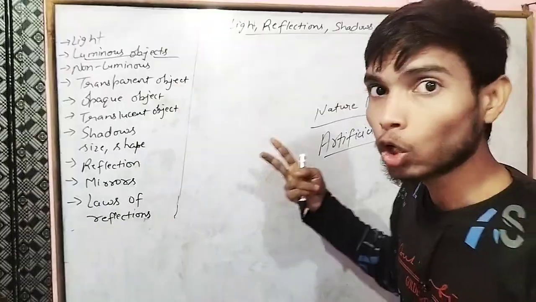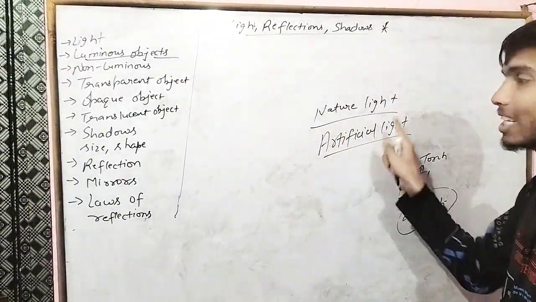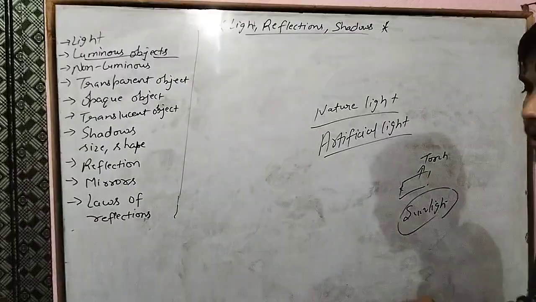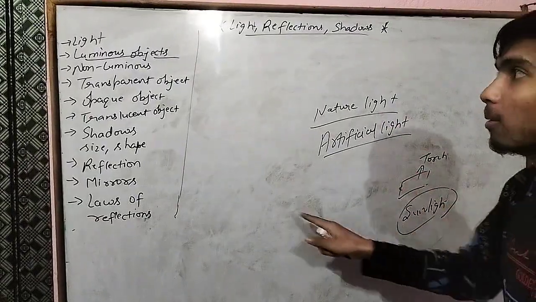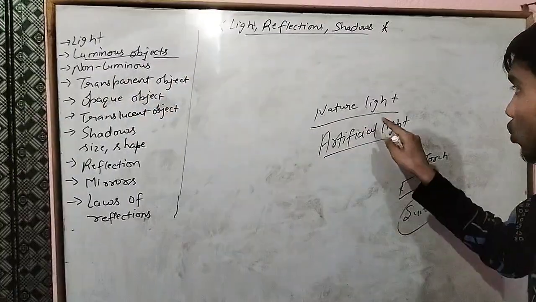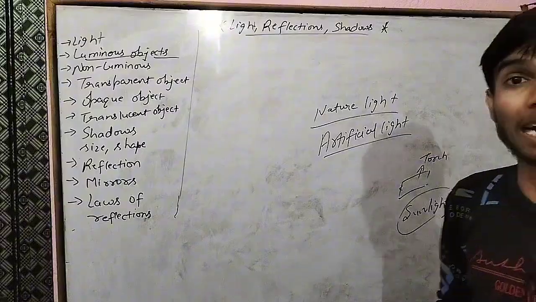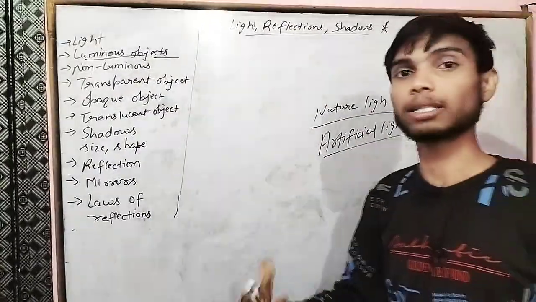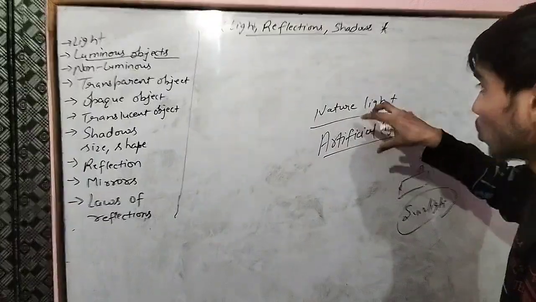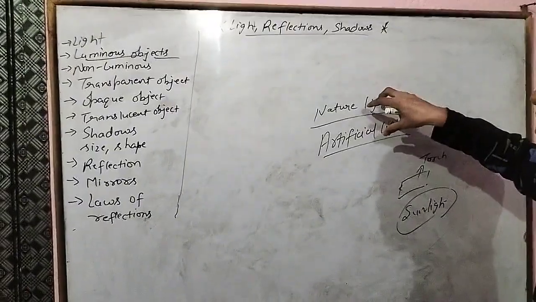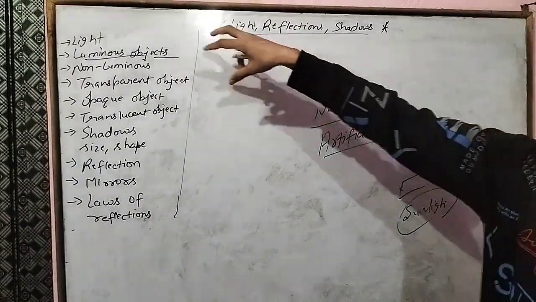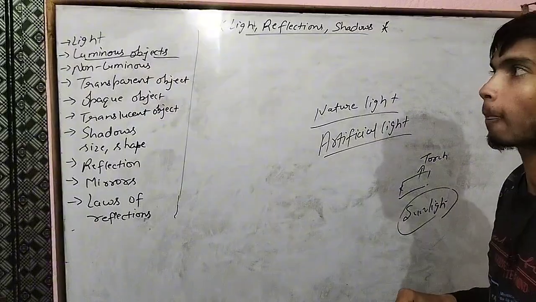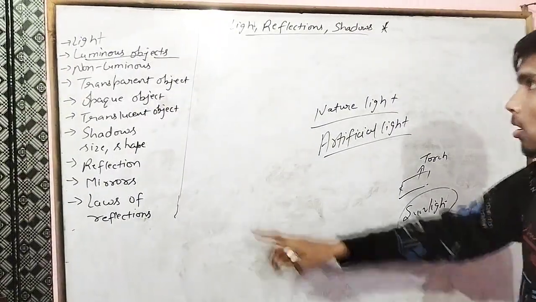That's why there are two kinds of light. One is natural light, second is artificial light. Both lights come in the category of luminous objects because both have their own light and can emit their own light. That's why this type of light is named luminous object.